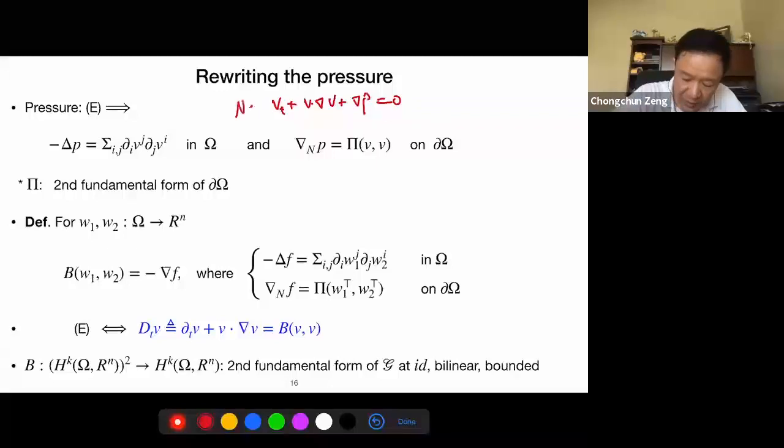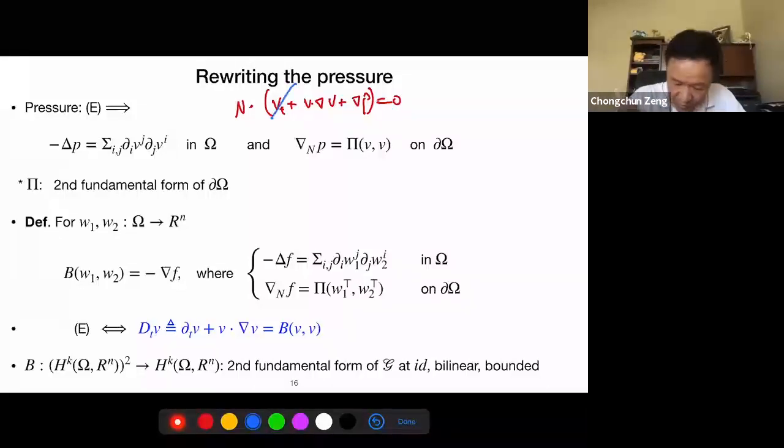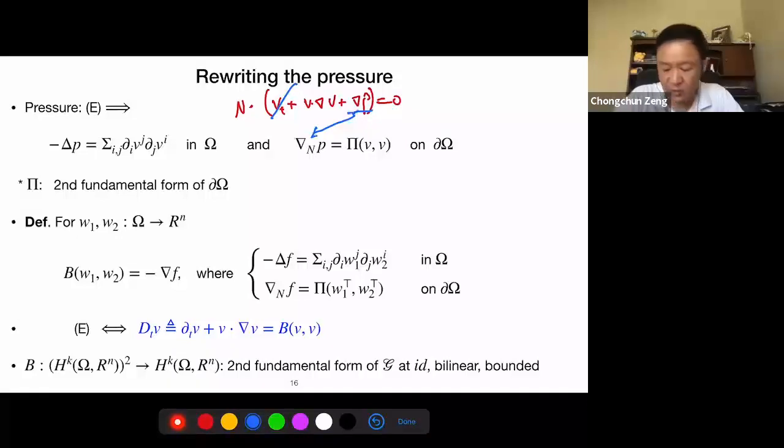Then you take the dot product with the normal component on the boundary. And when you do that, the first term drops out, and this term gives you the normal derivative of P, which you want as a boundary condition determining the pressure.